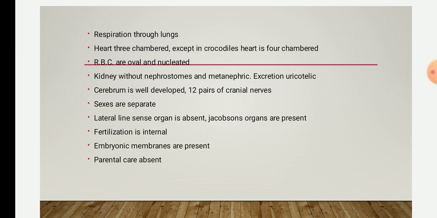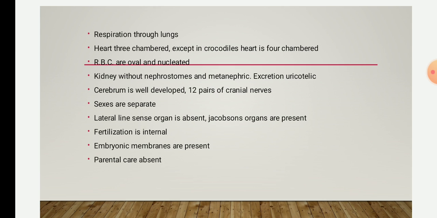So there will be total separation of the deoxygenated and oxygenated blood, whereas in three chambered, there is a partial diffusion of deoxygenated and oxygenated blood, just partial, not complete. Still there are some mechanisms which prevent the diffusion of oxygenated and deoxygenated blood.